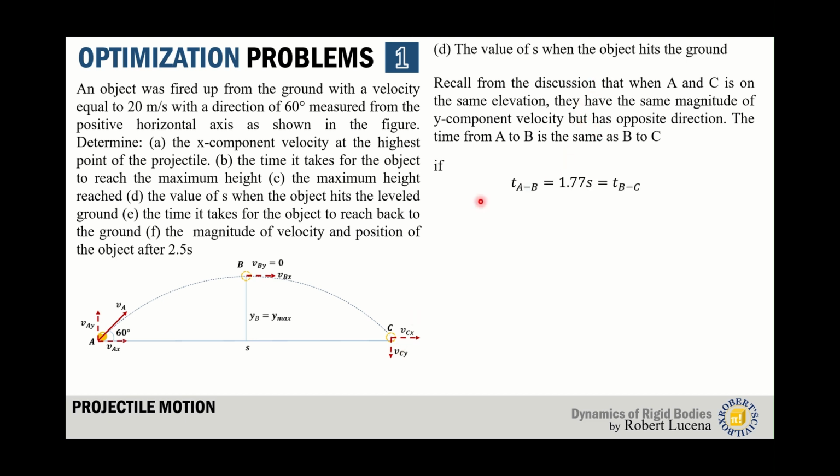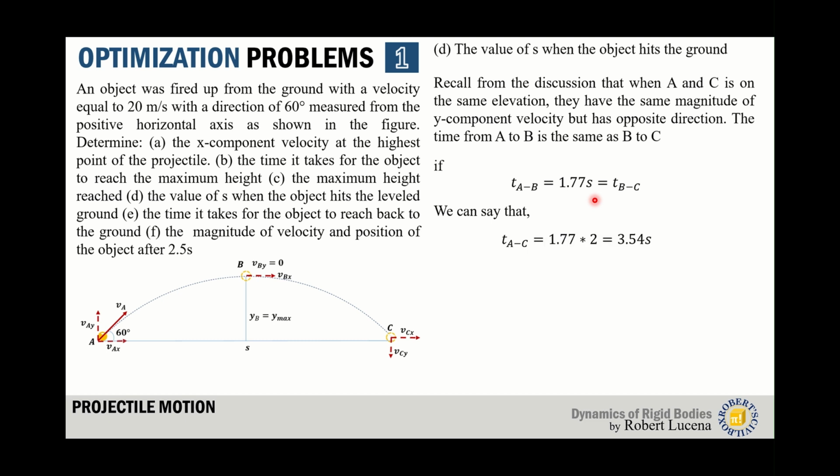If the time of travel from A to B is 1.77 seconds, then the time of travel from B to C is also 1.77 seconds. So we can say that the total time of flight is equal to 3.54 seconds.